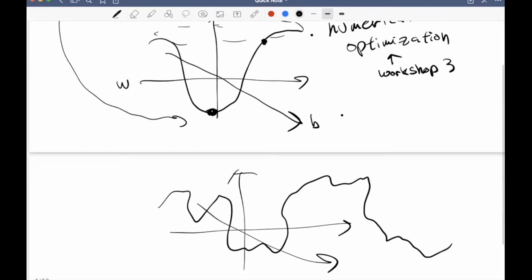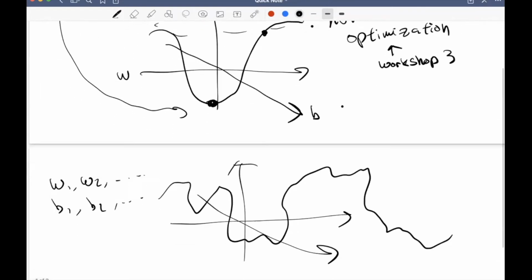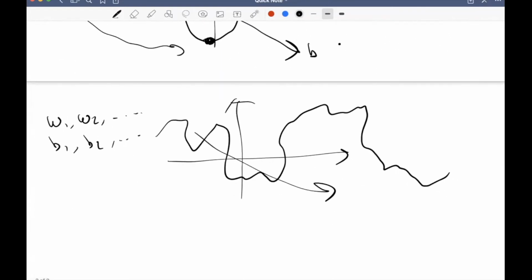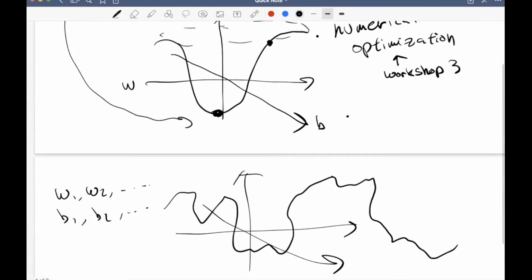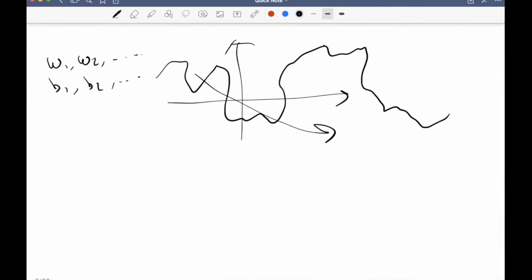So instead of just W and B, you can imagine having W1, W2, et cetera, B1, B2, et cetera. So something you can't even visualize. And so the question is, is there a nice way that we can solve this minimization problem, given that our landscape could be very crazy and we could be dealing with a very high dimensional space?